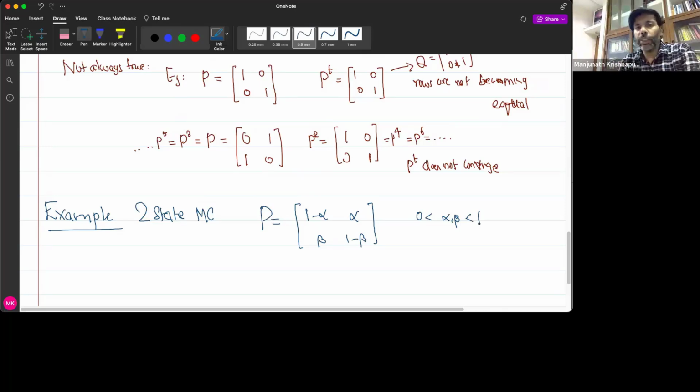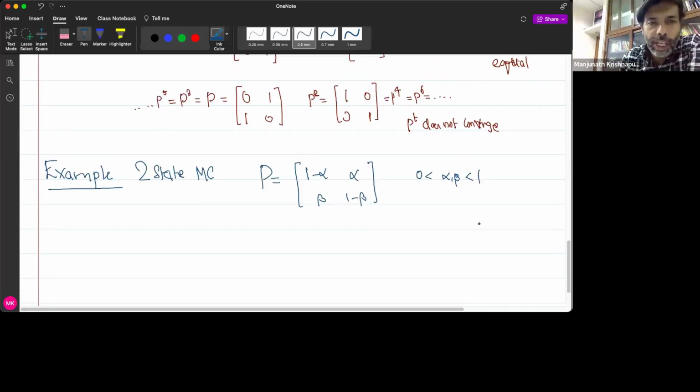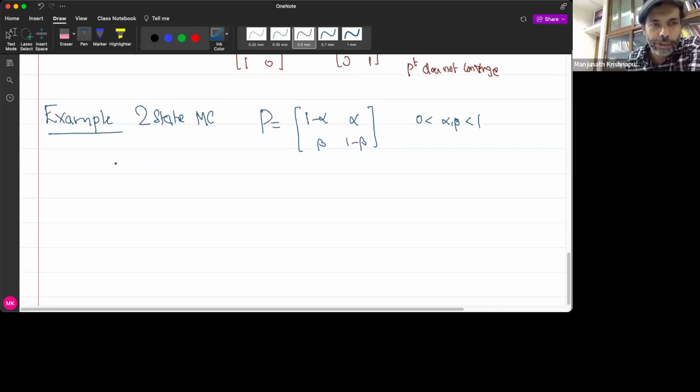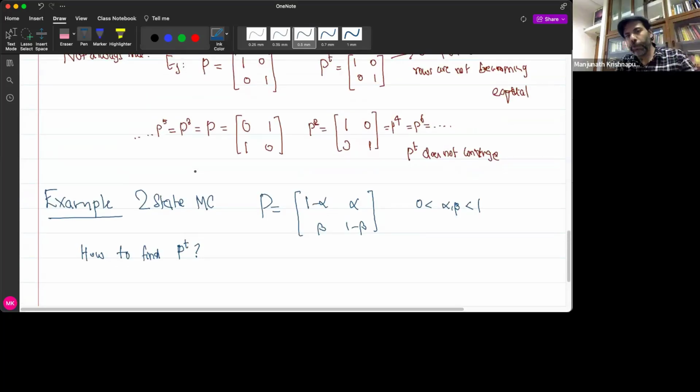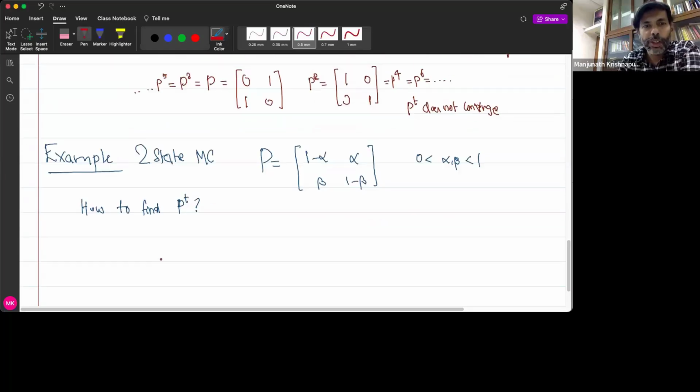Now, what happens to this P to the T? How do I calculate P raised to the power T? In fact, you can say the basic question is just this: how do I raise a matrix to a high power? There is a very nice answer, which we will do.